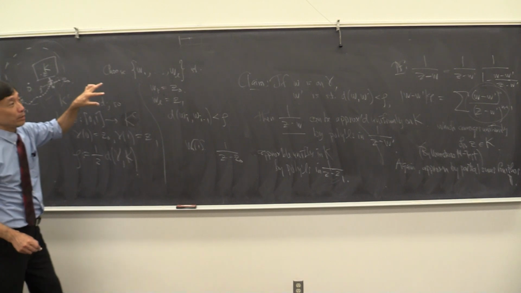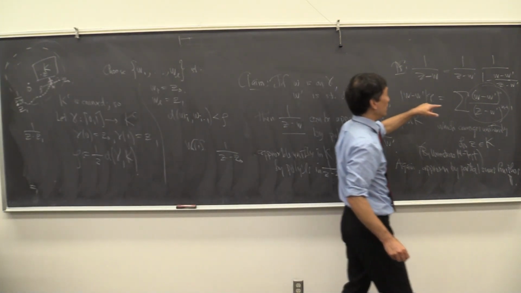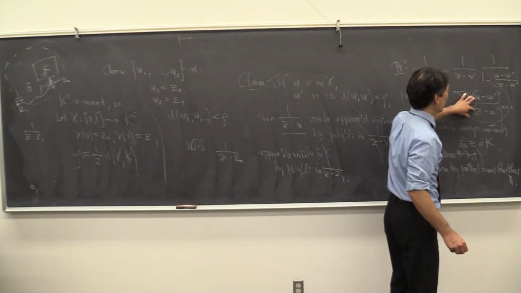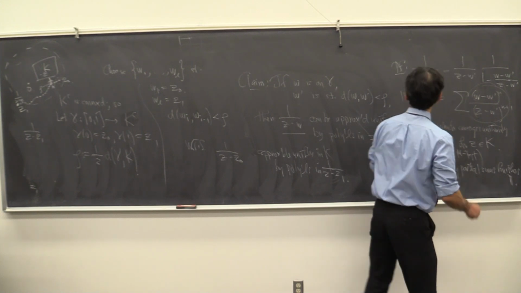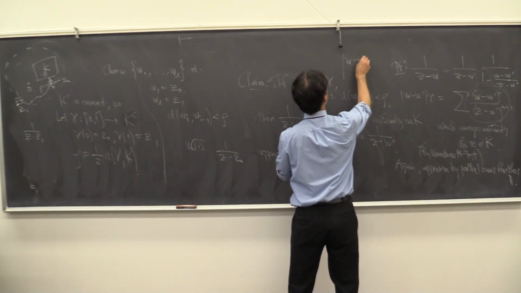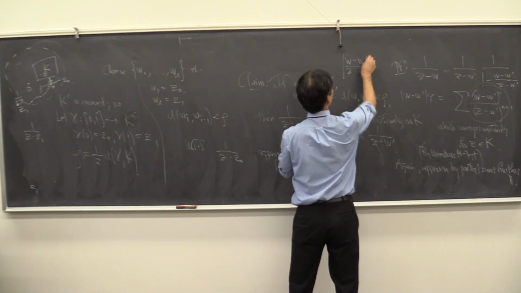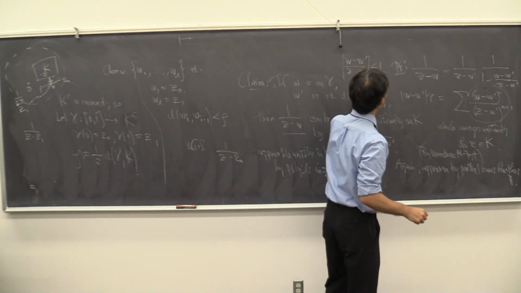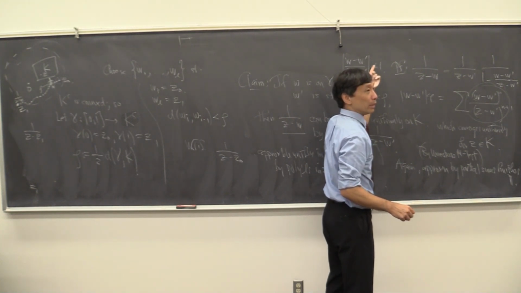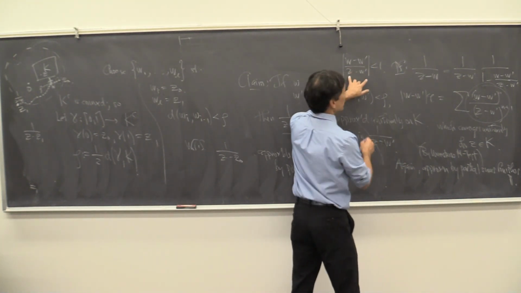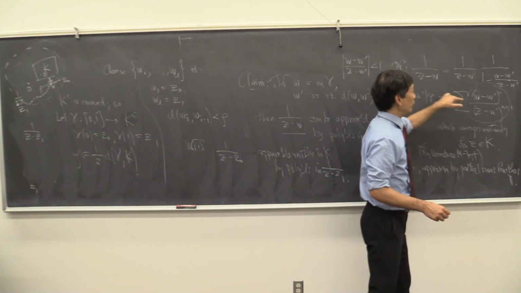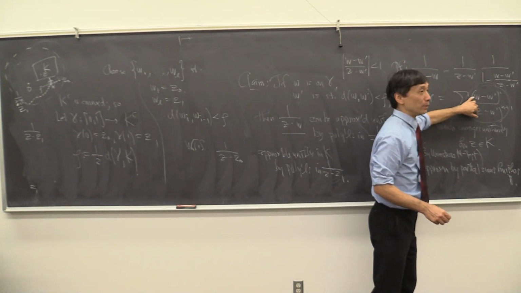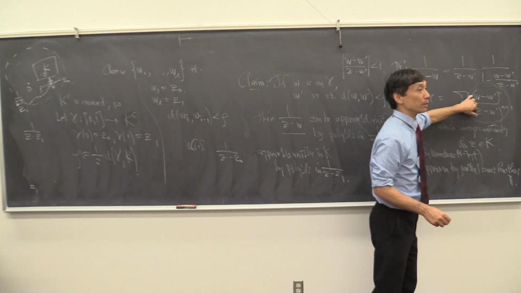That allows us to get that this is smaller than 1. And so we've got a geometric series that gives us this term, so that when we look at the Weierstrass M test, we get a convergent series.